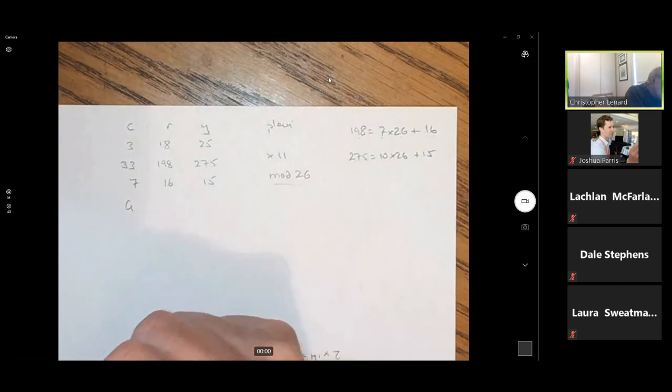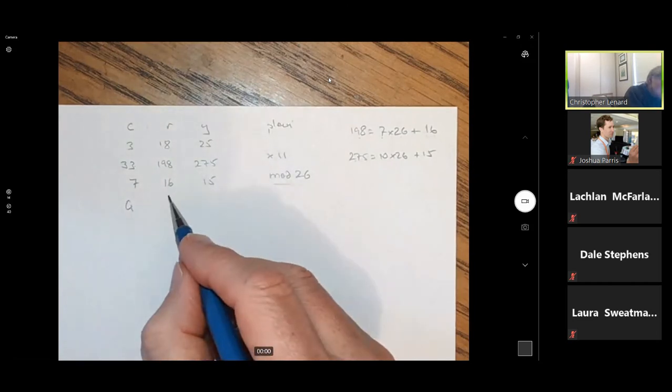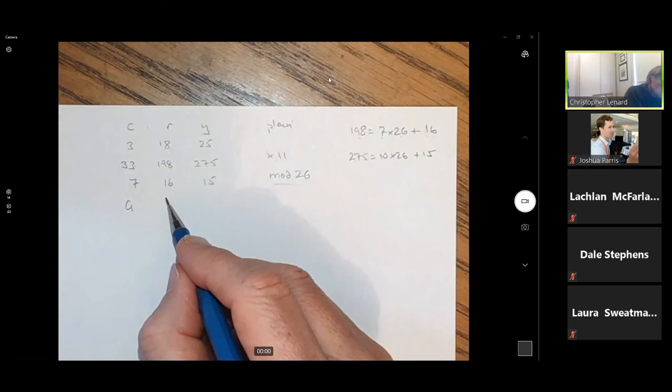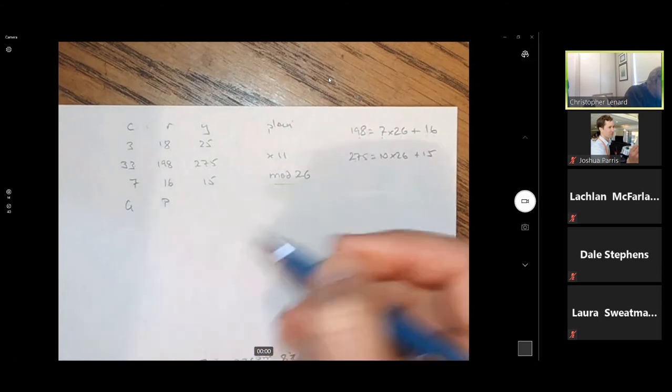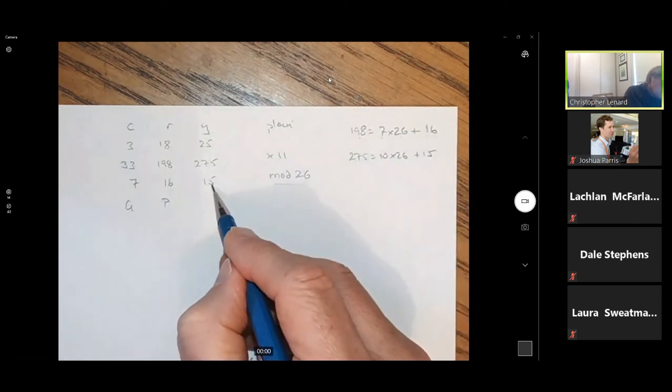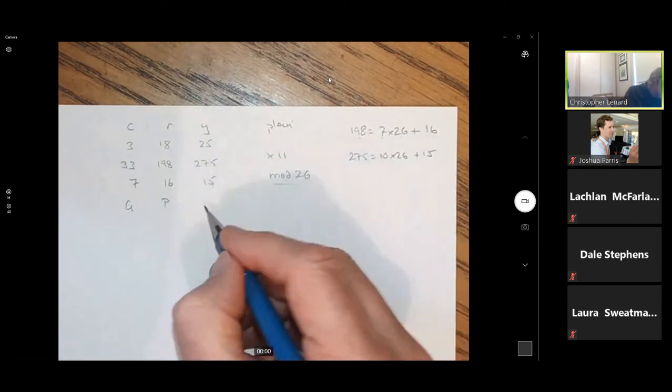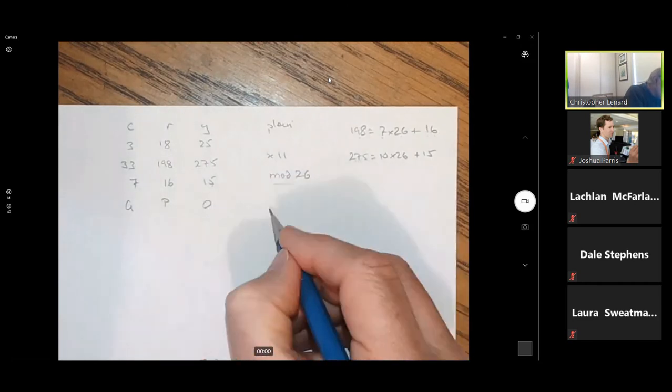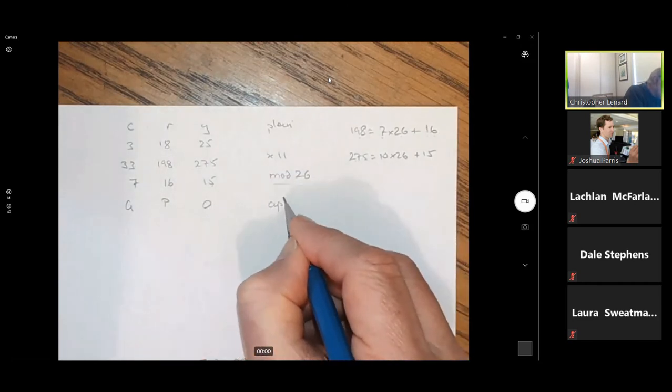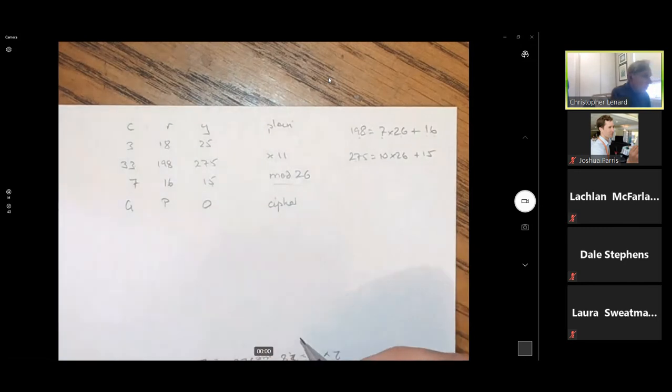G. What's the 16th letter of the alphabet? P. What's the 15th letter of the alphabet? The one before it? O. So this is our ciphertext. So cry gets encrypted into GPO.